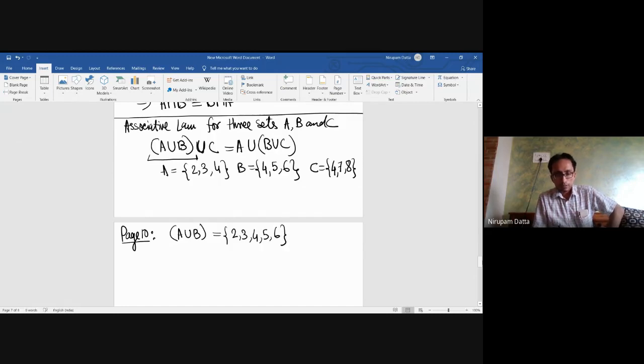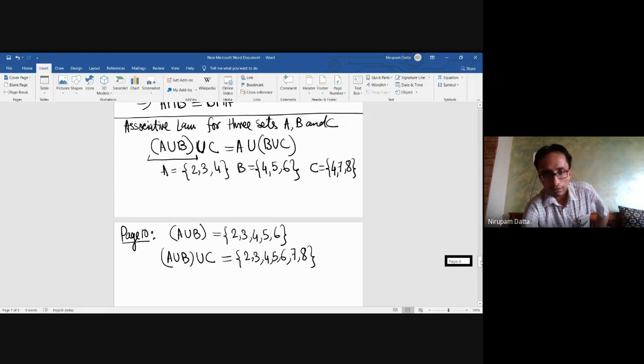Now we have to find the union of this A union B with C. That means the elements that are either in set A union B or in set C, which is 2, 3, 4, 5, 6, 7, 8.